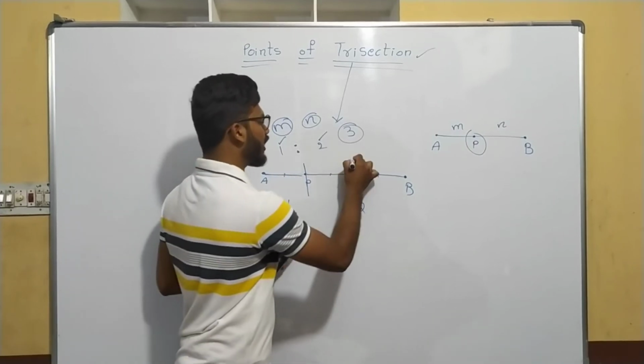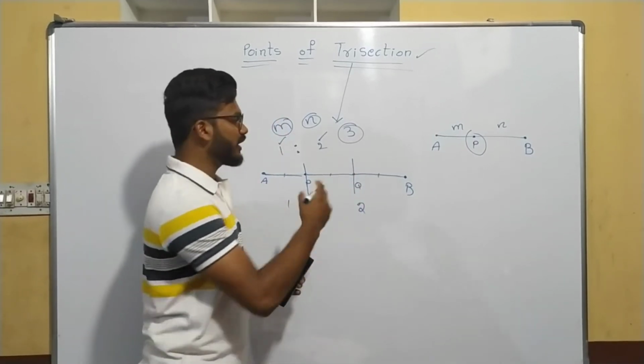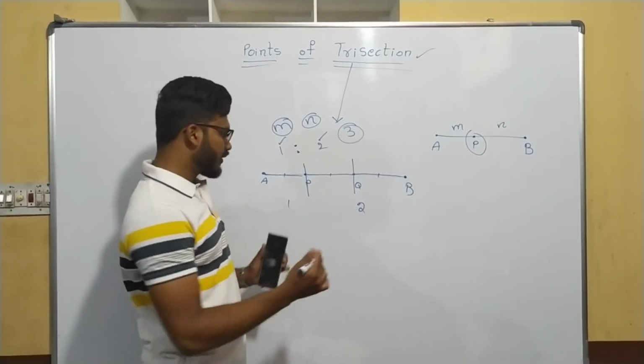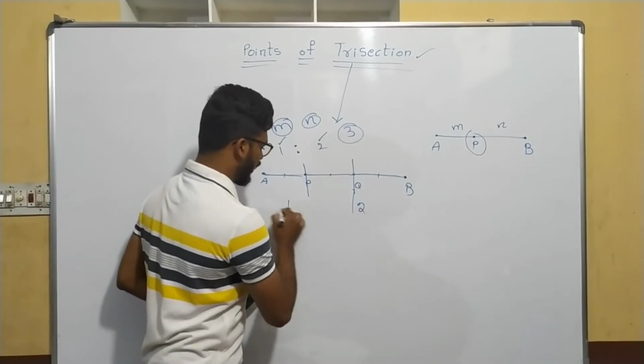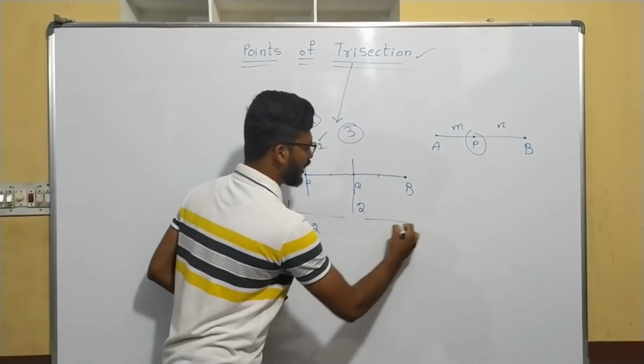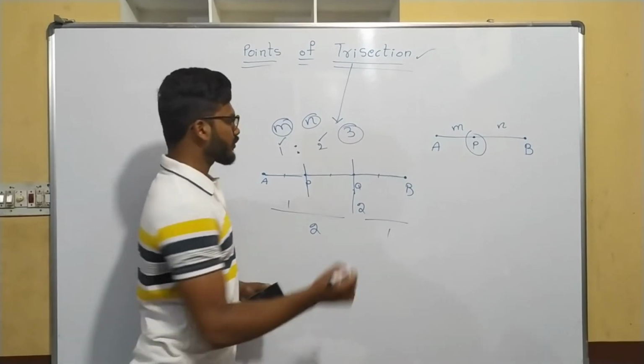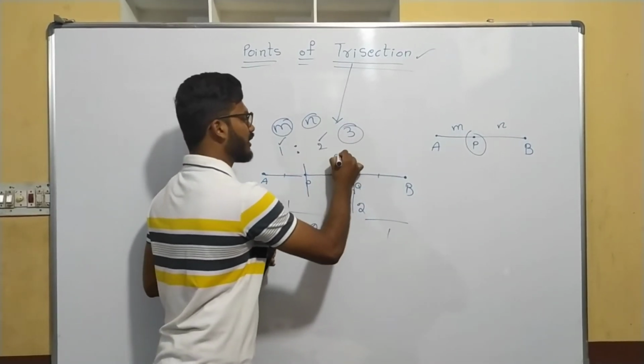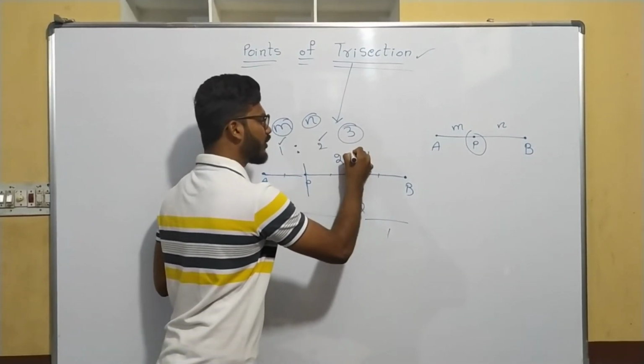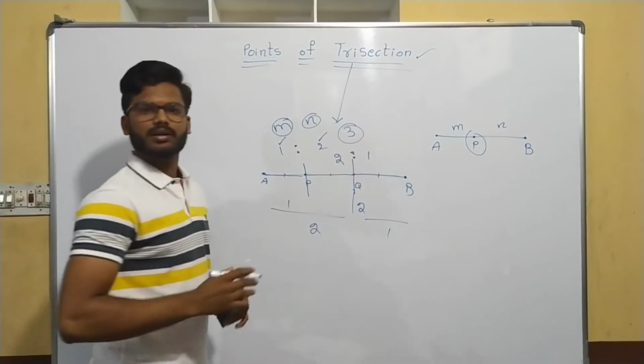Whereas if you want to find the point Q which is nearer to point B, then from here to here it is 2 parts, and from here to here it is 1 part, right? So this Q divides AB in the ratio 2 is to 1.